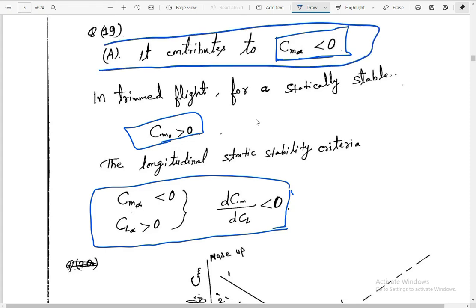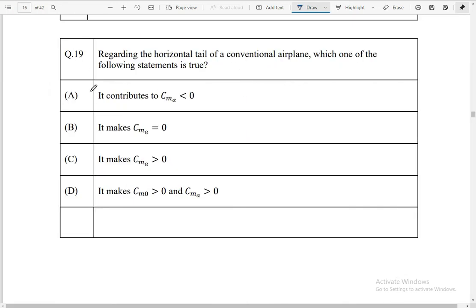Here you can see in question number 19, option A is right, because for the horizontal tail of a conventional airplane, the horizontal tail contributes to Cm alpha less than 0 for stability.